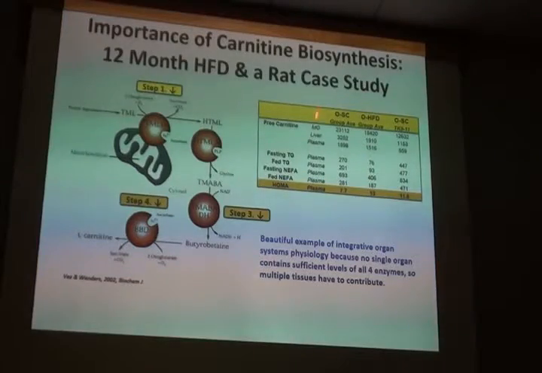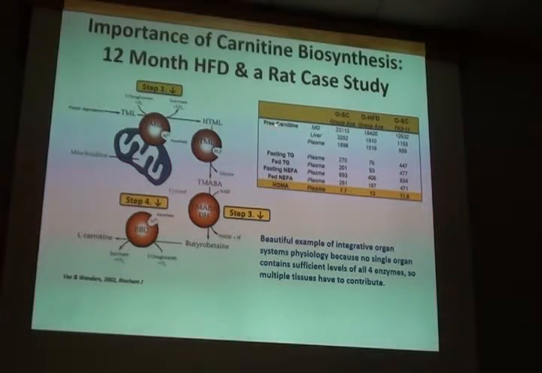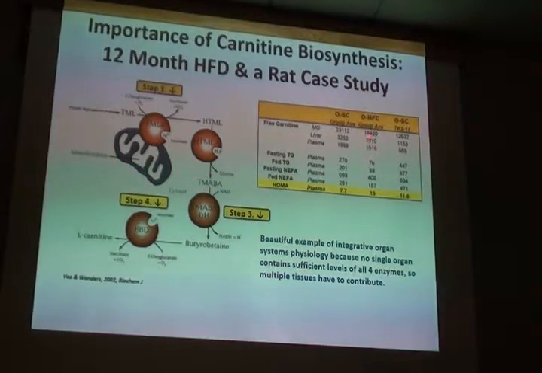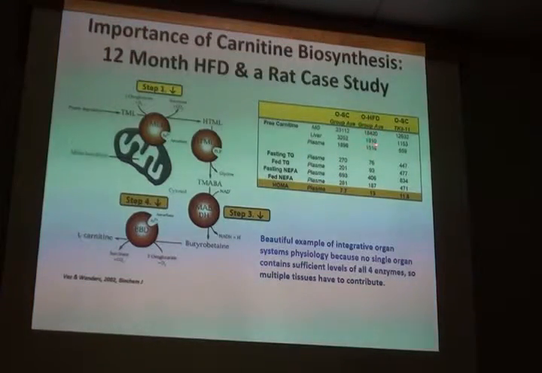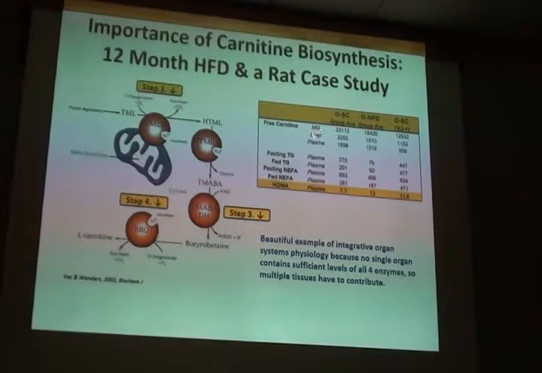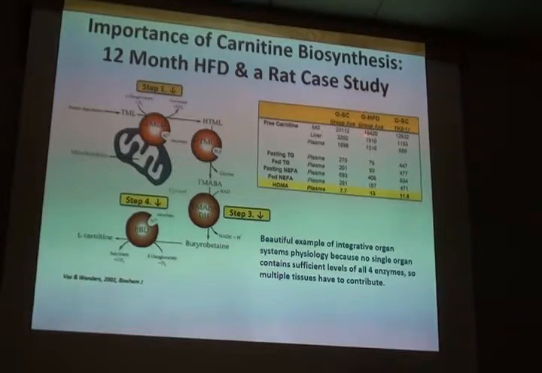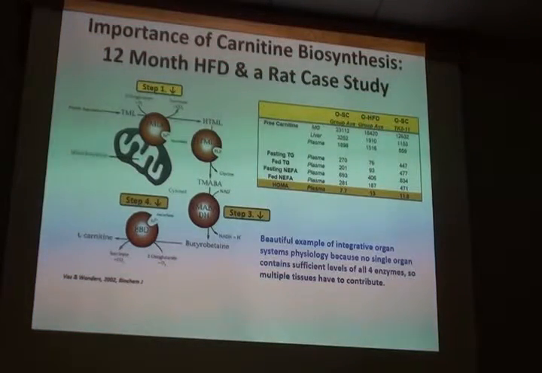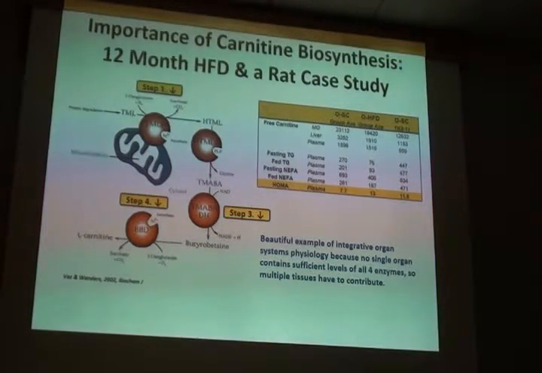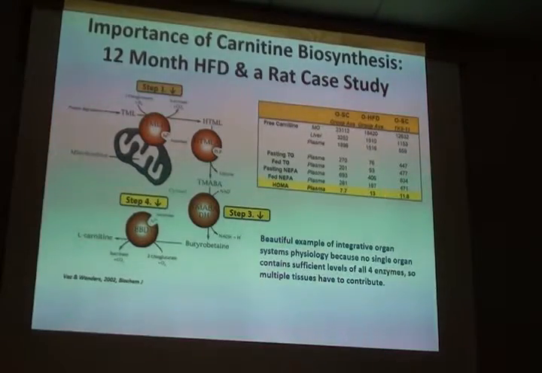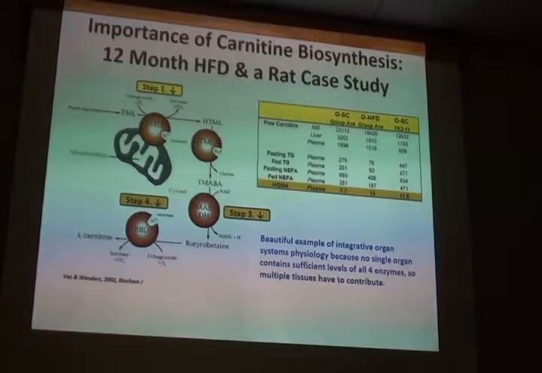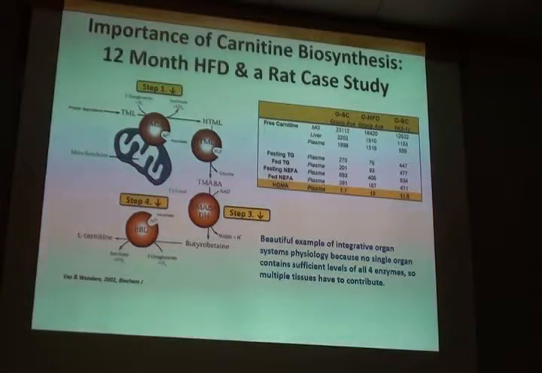When we looked at acylcarnitine profiling, including free carnitine levels, sure enough, we saw decreased free carnitine in skeletal muscle, liver, and the plasma of the animals that were fed a high-fat diet. And this was associated with impairment in glucose homeostasis and increased HOMA.